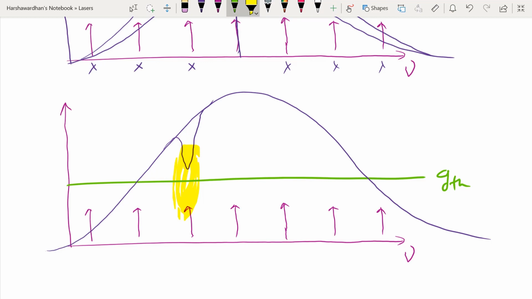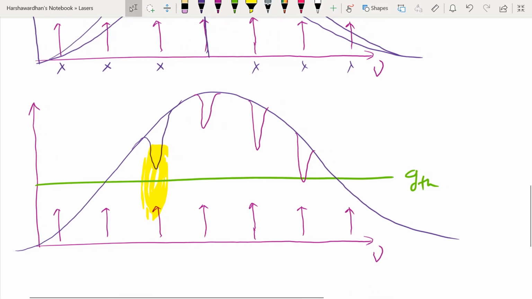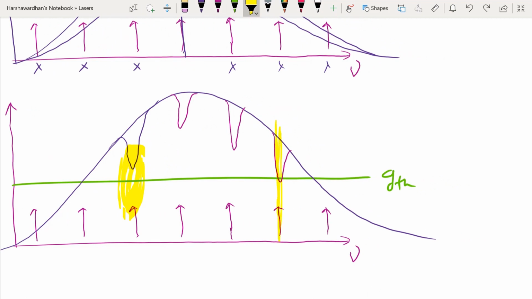So you might have different light fields being saturated to different levels, and invariably multimode oscillation is possible. There is mode hopping. Sometimes one of the modes gets saturated so significantly that it comes down, for example, like this, below the gain threshold, so this mode shuts off, whereas all these other modes continue to oscillate, right? And so on and so forth.